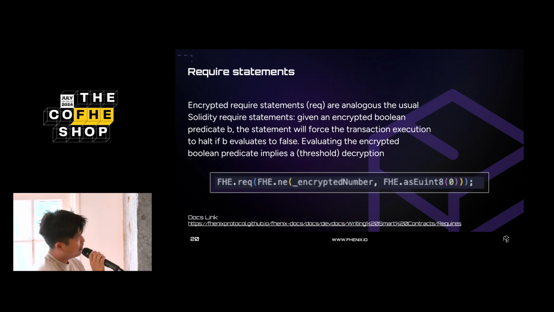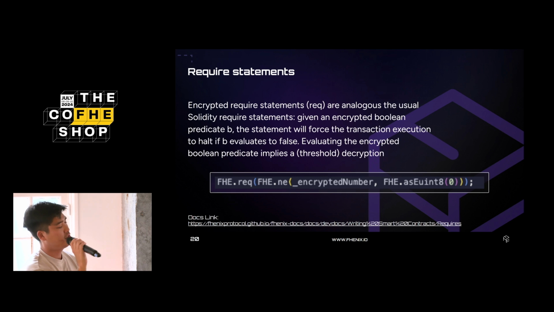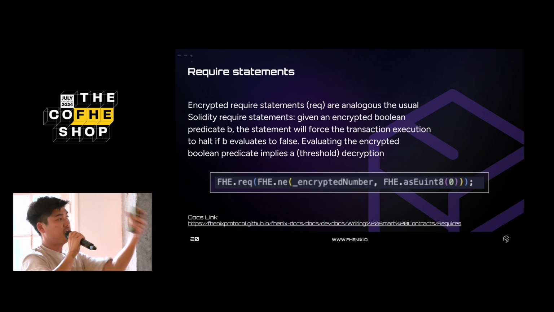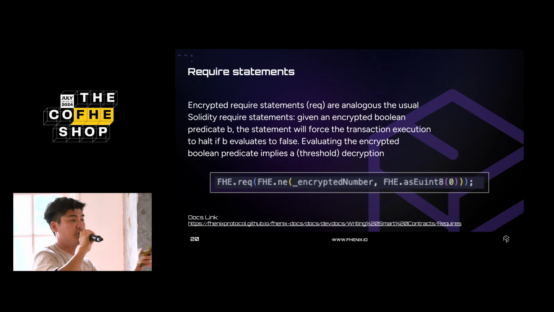In previous versions of the ZK VM, and again, this could be not super up to date, my understanding is that they used to allow you to use some sort of FHE require. I think currently, now that decryption is changing, like I said earlier, from when it used to be synchronous to now being a call, I'm not sure if you can do that anymore.